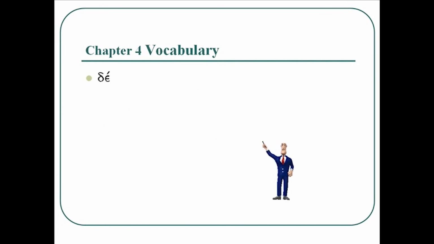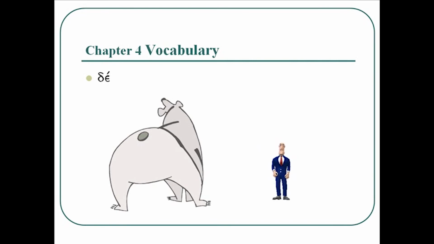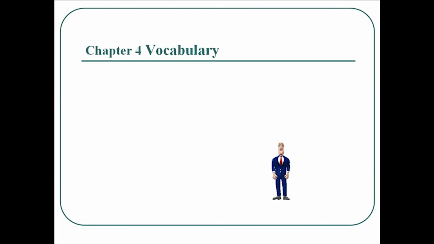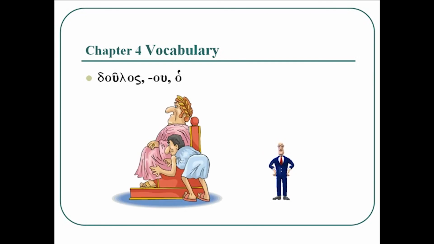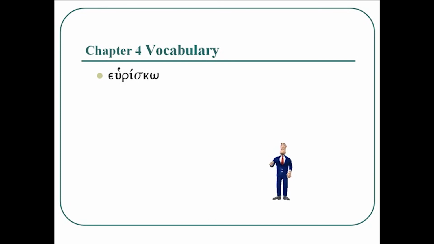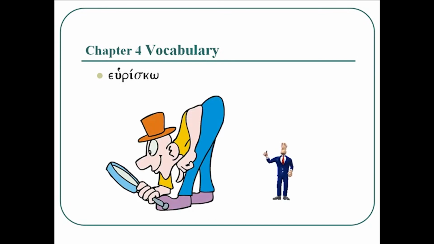The third word is de, and it's the conjunction meaning but or and. The fourth word is doulos, and it means servant or slave. The fifth word is heuriskō, and it means I find.